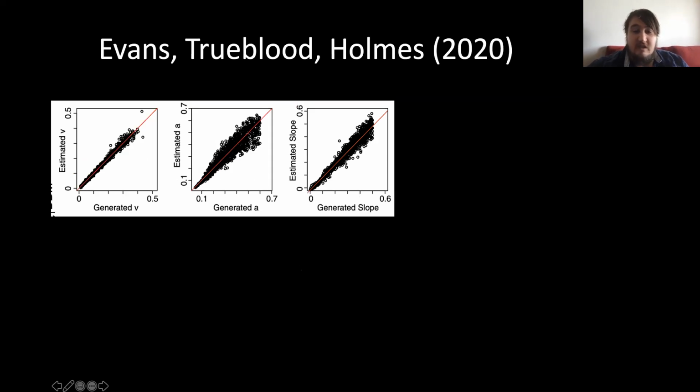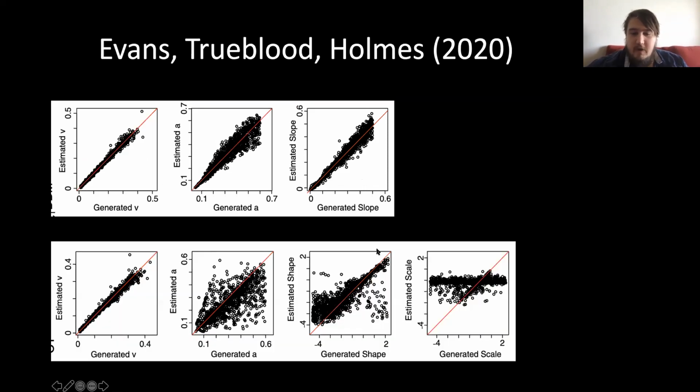And if you use a linear decrease, so the collapse is just a straight line, then the identifiability of the parameters of the diffusion model, drift rate, thresholds, and the slope of the collapse, stay fairly well identified. But as soon as you bring in what's called a Weibull collapse, which is the one I showed you before, where it's curvy, which has a shape and a scale, the measurement properties go to hell, right?